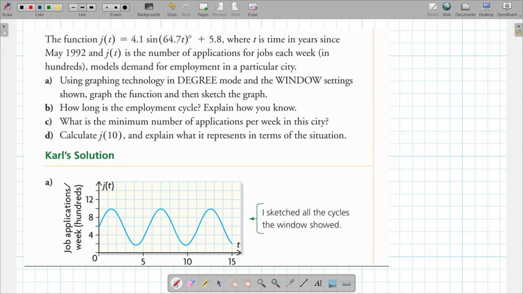Is this in radians or is this in degrees, and how can you tell? The answer is here. You see that symbol? That's degrees.